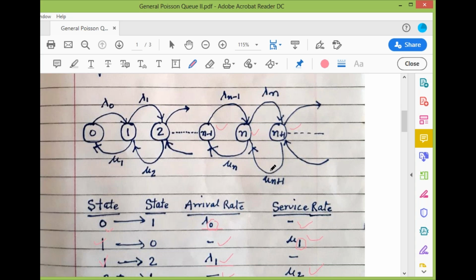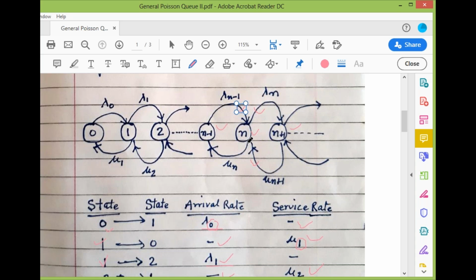Another arrival rate is here, mu n plus 1, departure, but here it is arrival. So there are two arrivals and there are two departures. One departure is this one, out of state, and this is out of state. One arrival is this one, another is this one, and this is the departure, going from here to here.